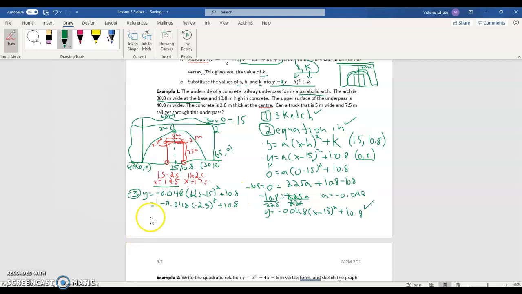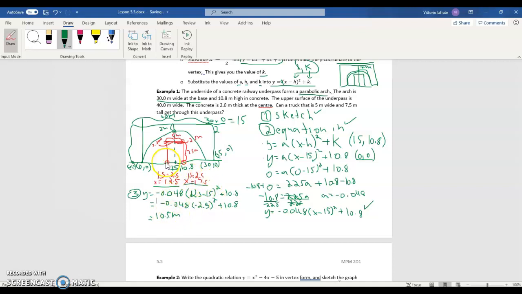And so we would get a height of 10.5 meters. If you pause the video and try it with 17.5, you'll see you'll also get 10.5 meters.